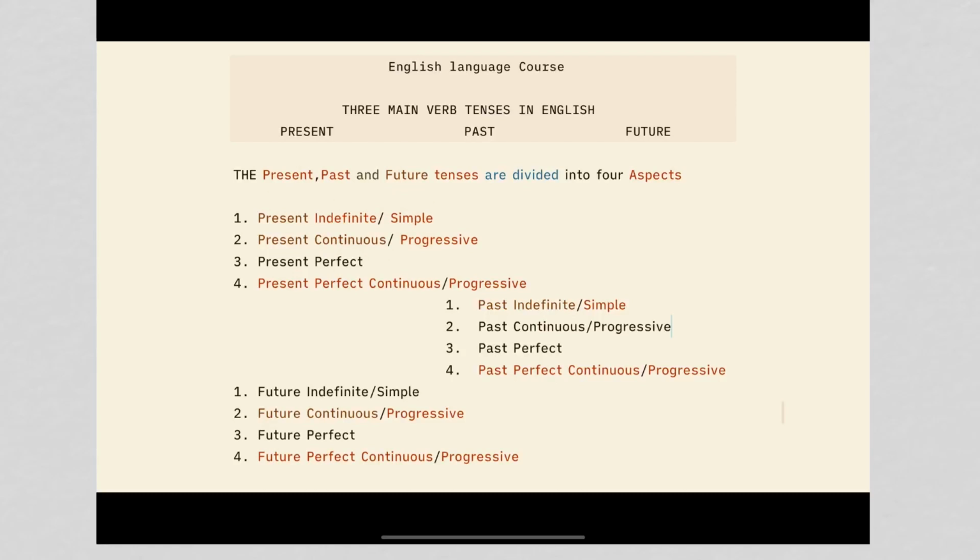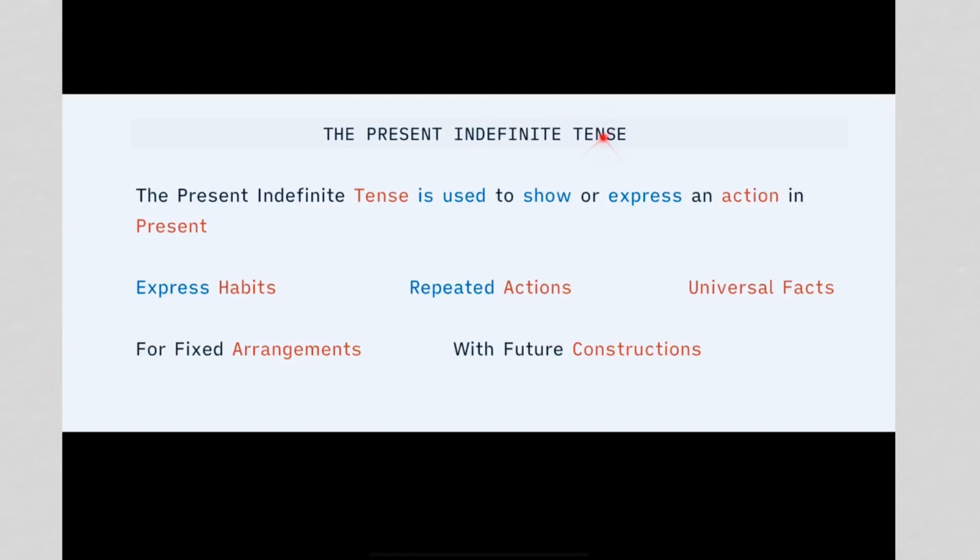So for all the tenses, present continuous, present perfect, and all the remaining ones, I will dedicate one video to each of them, so you guys understand it in full detail. So this is for present indefinite.